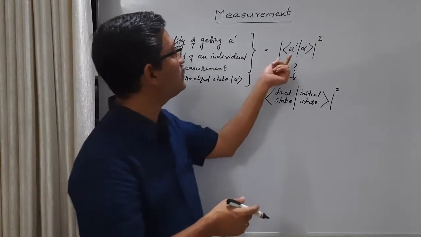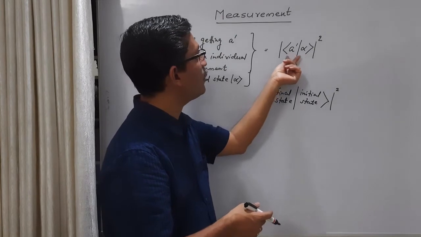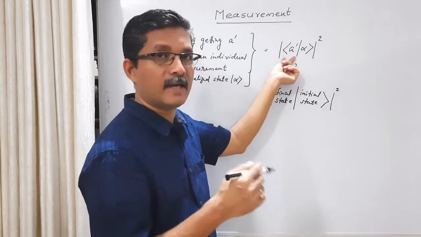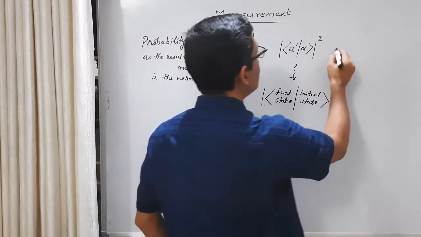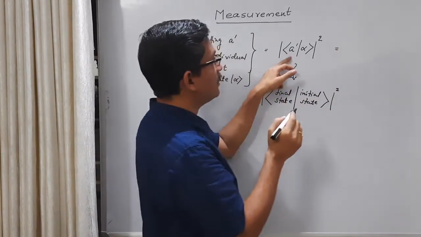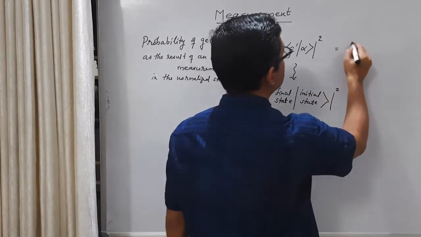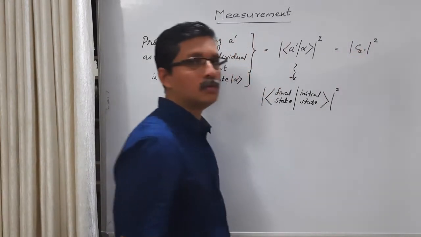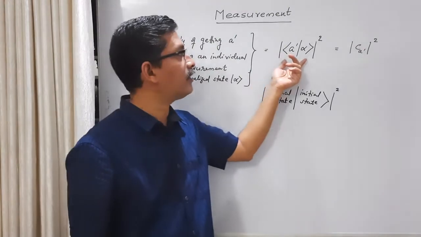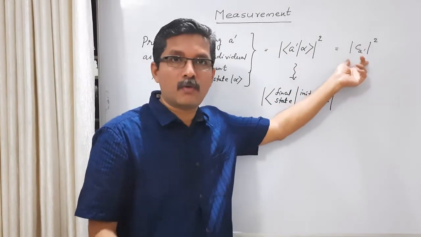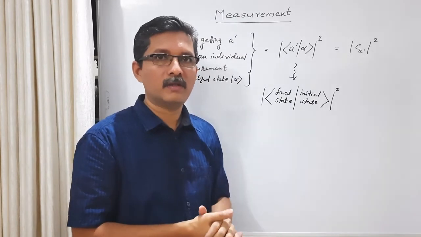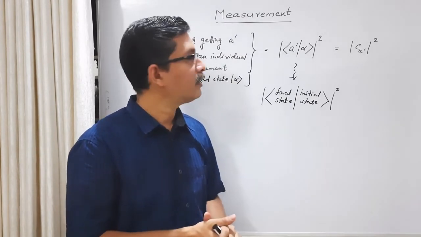And we know that this inner product between A prime and alpha is the component of alpha along the direction A prime. This is the expansion coefficient corresponding to the eigenket A prime. So this is actually modulus of C A prime squared. So the probability of getting a particular eigenvalue is the square of the corresponding expansion coefficient in the expansion of ket alpha in terms of the eigenkets.